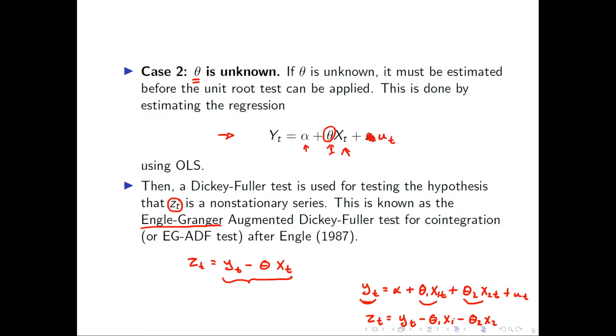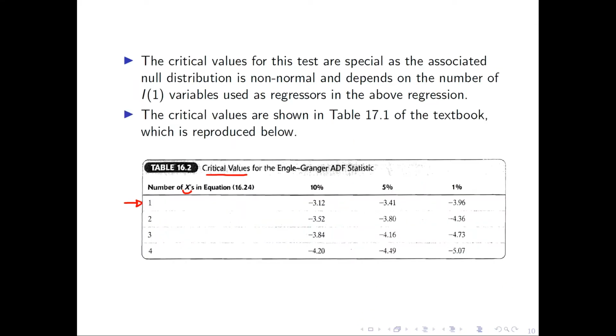So this would be our new variable, and this variable zt could be tested for non-stationarity, but then we would use the critical value in the second row, because here we would have two x variables.